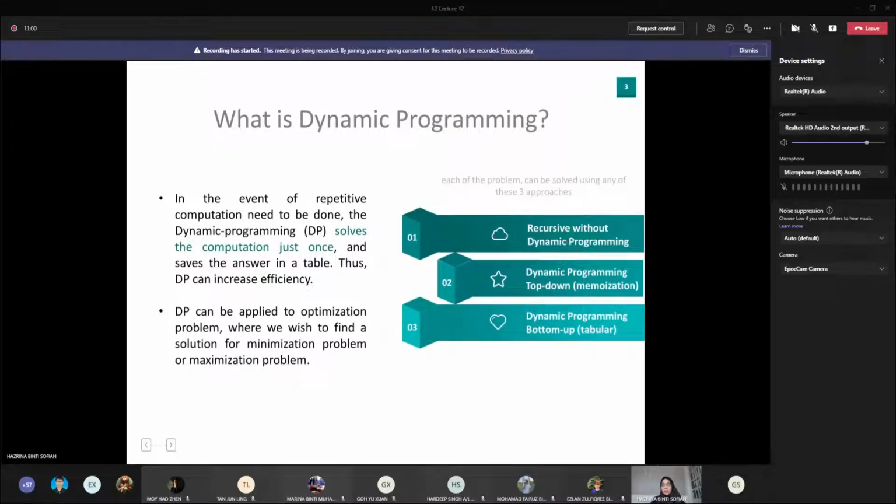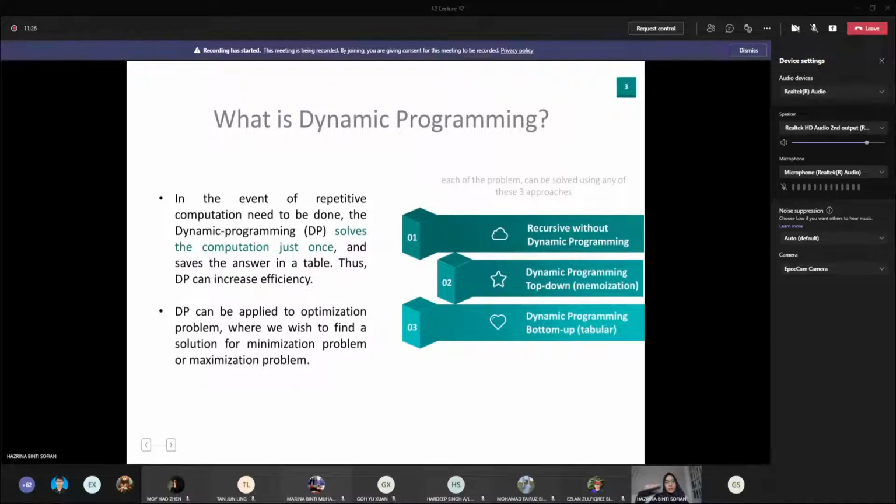First is recursion without a dynamic programming strategy. Secondly, dynamic programming top down, which we call memoization. And third is dynamic programming bottom up, which we also call tabular.